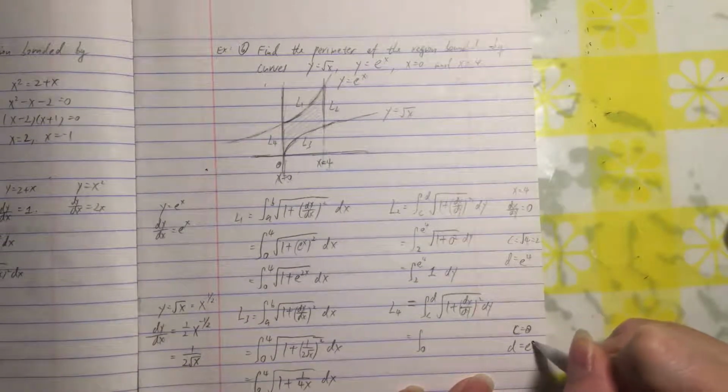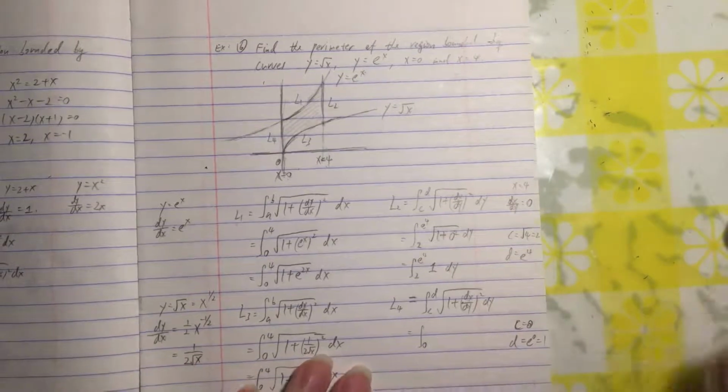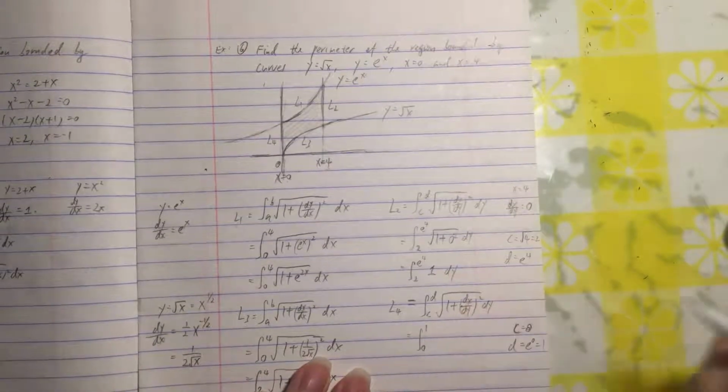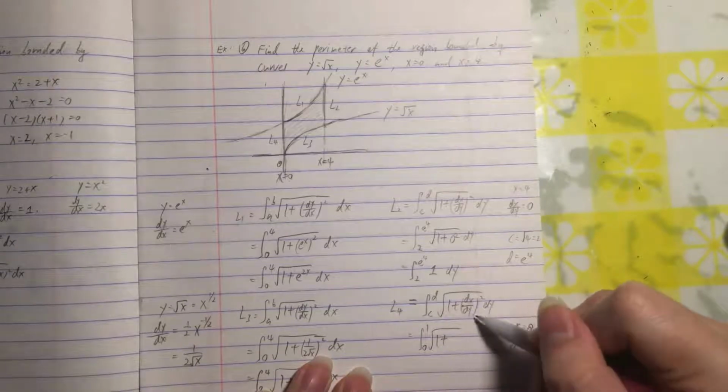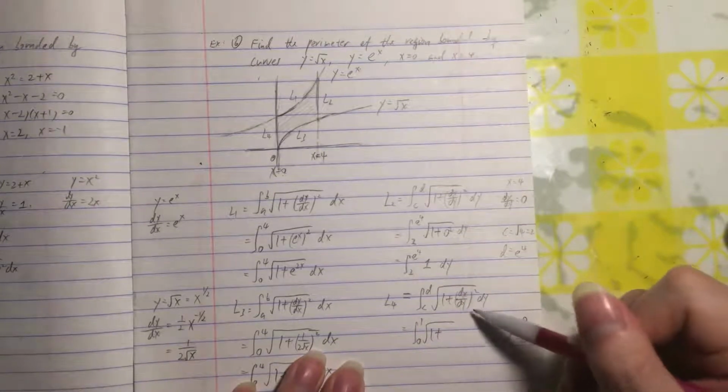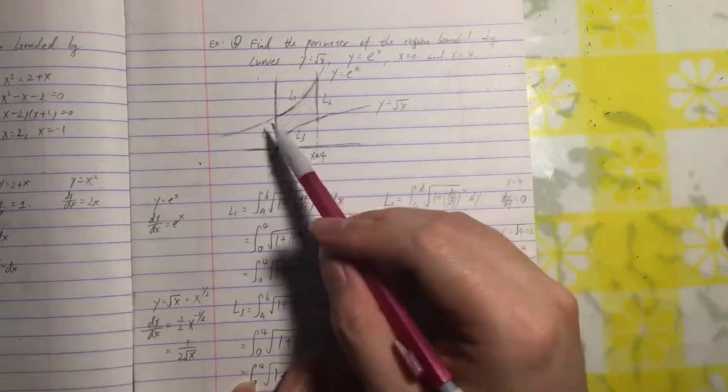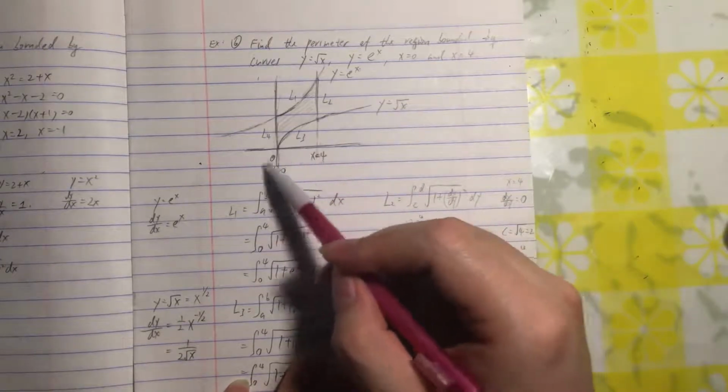D is e to the power of 0, which is 1. So take the integral from 0 to 1 of the square root of 1 plus dx over dy squared. What's dx over dy? For this curve, x is 0. The function is x equal to 0.